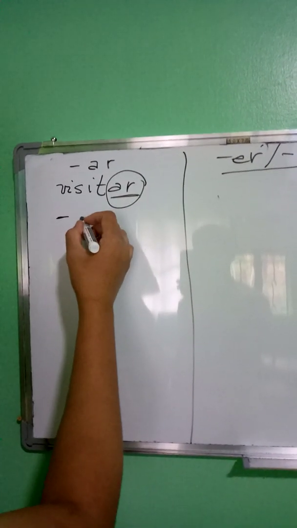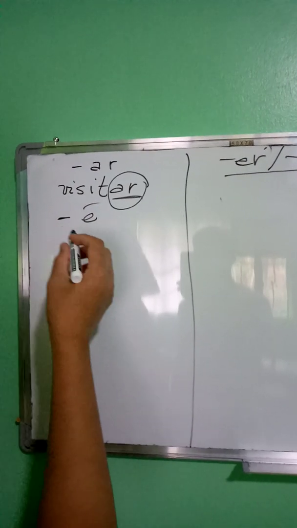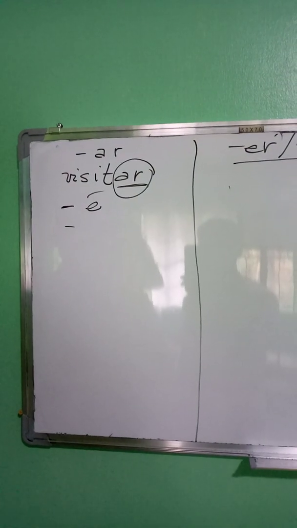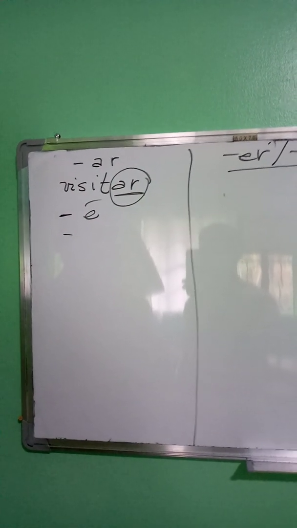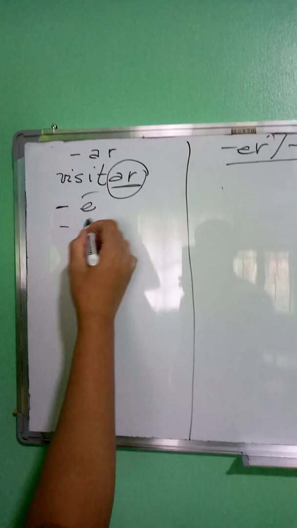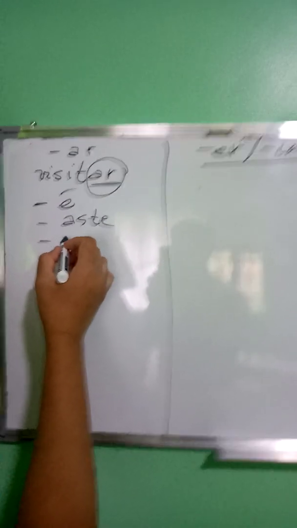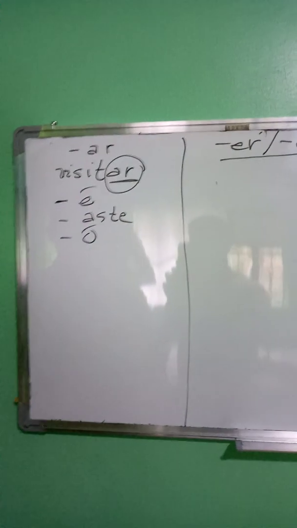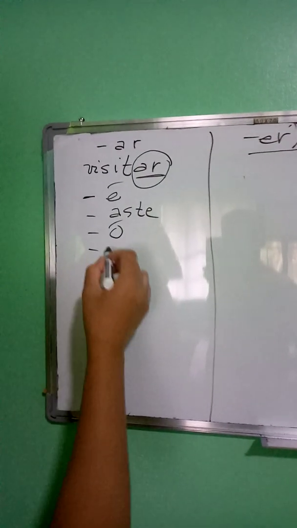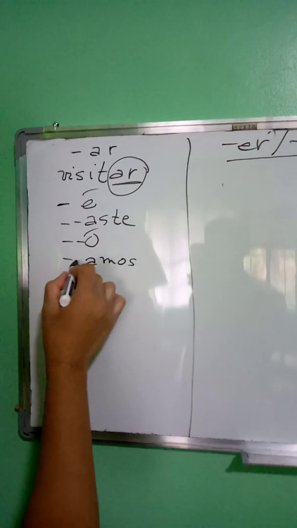So, yo visité, diba? Then, next is tú visitaste, aste, no? Aste. Then, él visitó, no? And then we have nosotros, visitamos. These are the endings that you put, no?